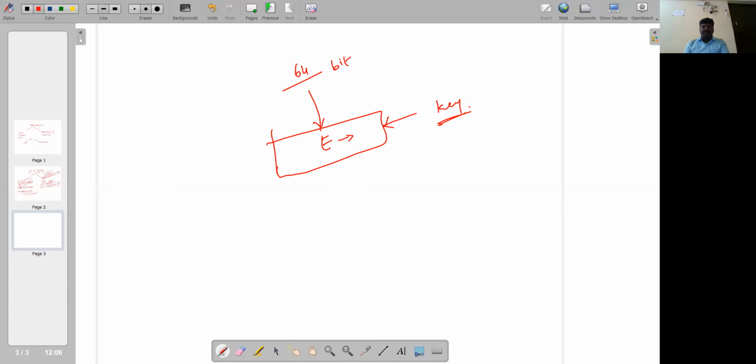Let's assume that the key is also 64-bit. So the 64-bit plain text and the 64-bit key are applied to the encryption function, and that will produce a 64-bit ciphertext.